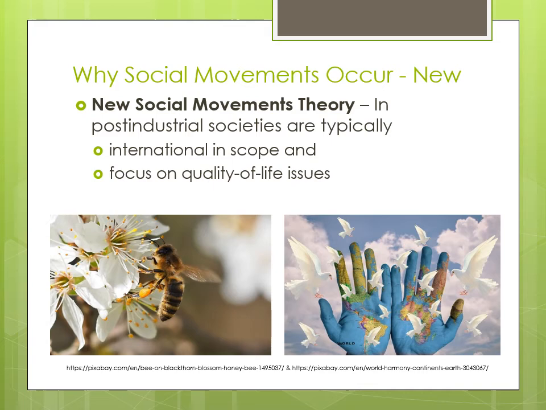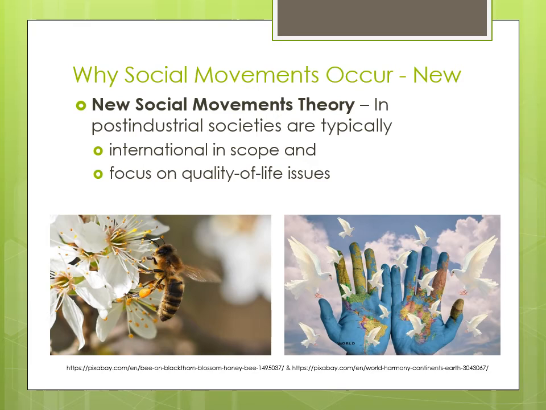The last one is called New Social Movements Theory. This one basically says that because we are now very technology oriented, we have technological advances. Now social movements can be worldwide, and they can then impact the world in very positive ways.